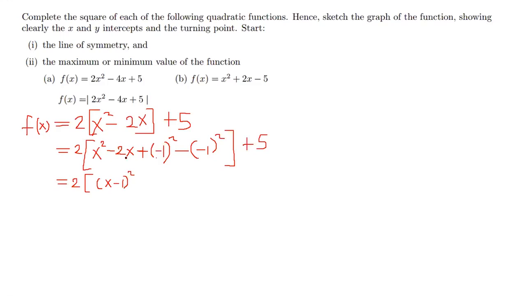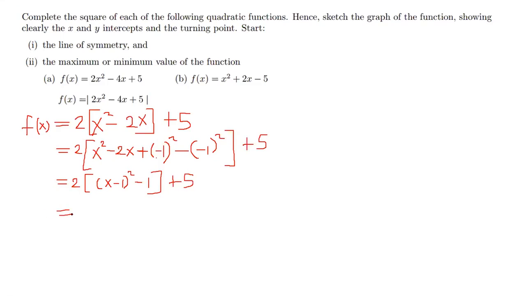So meaning I've gotten rid of this negative 2x, and then I'm going to have my negative. This negative is the one that I've written here, and then this negative 1 squared, when we solve that, negative 1 to the power 2 will give you positive 1, and then you close the brackets like that, and then you write your 5 outside like that.